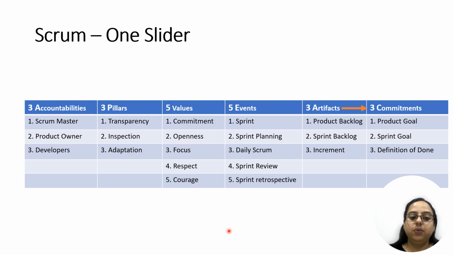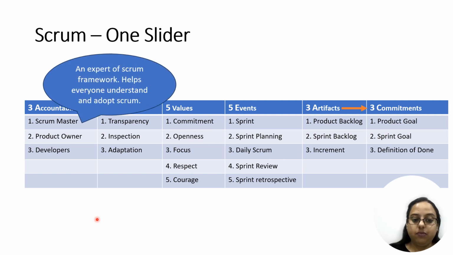Let's get started with the three accountabilities. The three accountabilities are Scrum Master, Product Owner, and Developers. Together, they are called the Scrum Team. So now let's understand who is a Scrum Master. The Scrum Master is an expert of the Scrum framework and helps everyone understand and adopt Scrum.